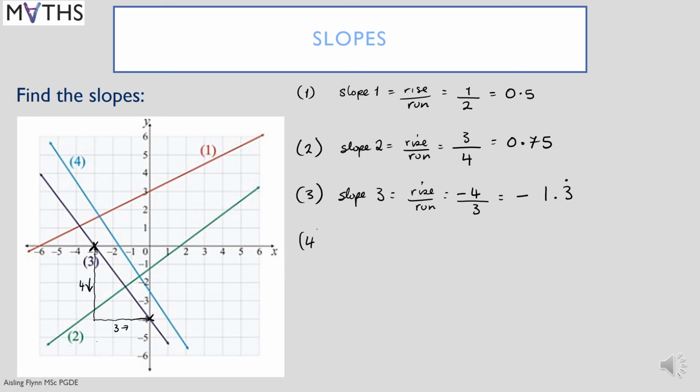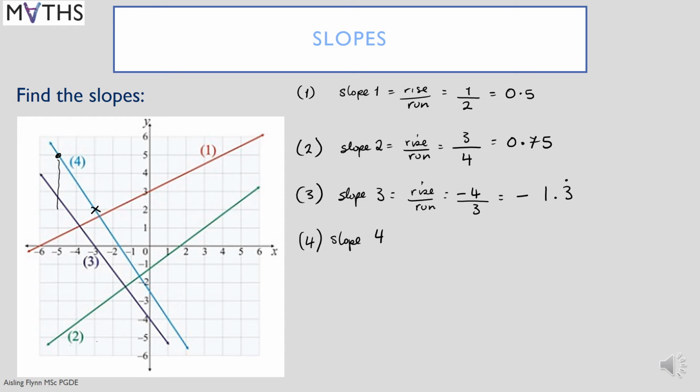And let's compare that with another falling line, line 4. Okay, let's take some points of interest on line 4. And that is the turquoise line. There's a point on a grid line, and there's a point.